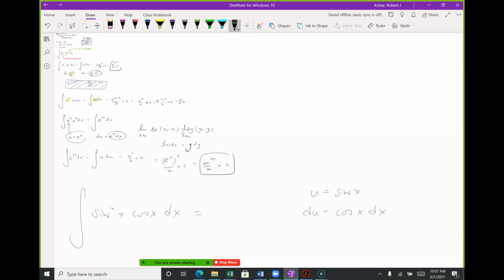But the sine squared is a problem. I can't have a derivative, the du squared. That doesn't make sense. Right? We always want that derivative piece to be exactly what we have. So this is now the integral of u squared du. Of course, I get u cubed over 3 or sine cubed x over 3 plus c.